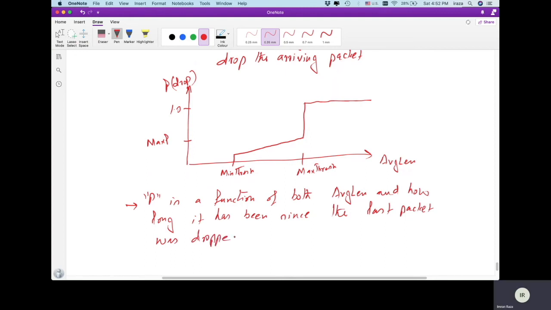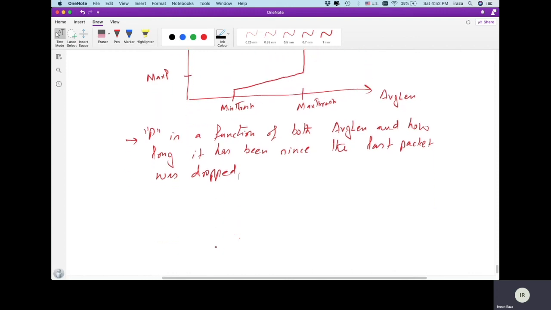Because this will help us make sure that the packets are not dropped in clusters. Because if our packets are dropped in clusters, this means the sender will again go back to the slow start phase. So this we don't want using this random early detection algorithm.